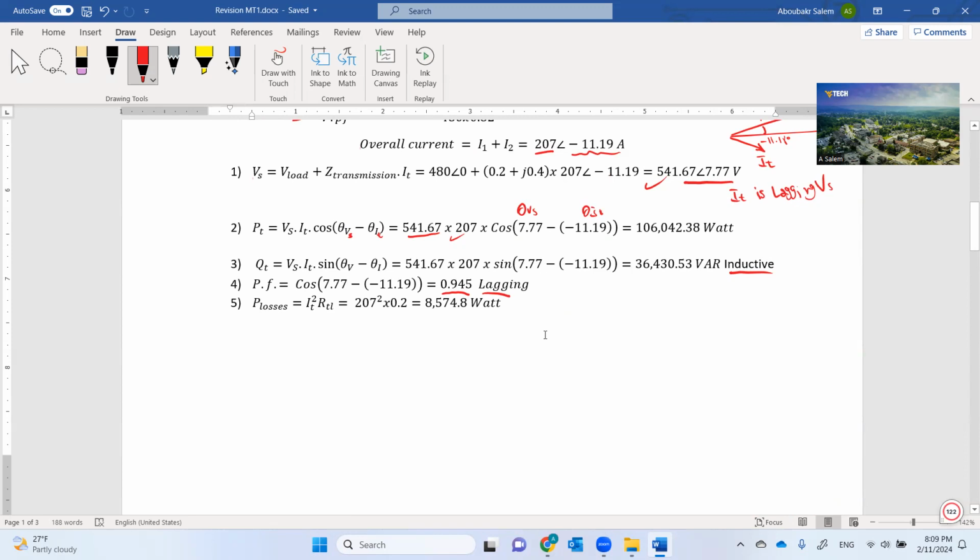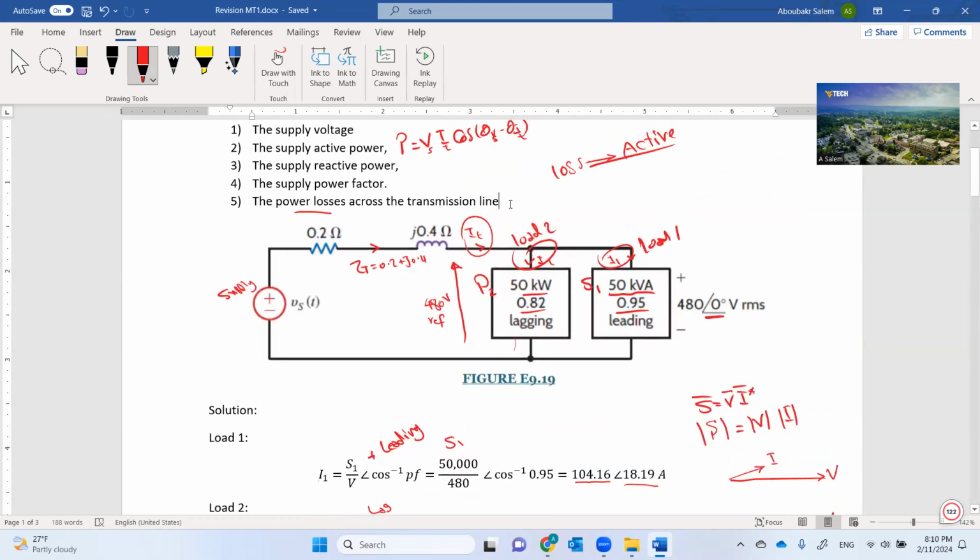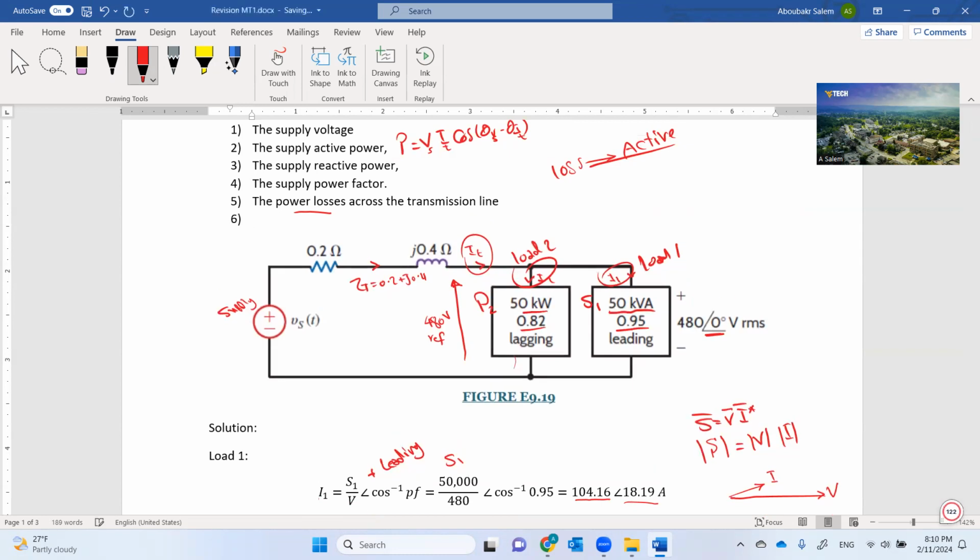If I would like to say to you guys, let me add one more part here. So find the reactive power on the transmission line.